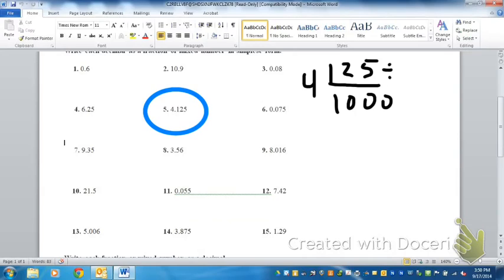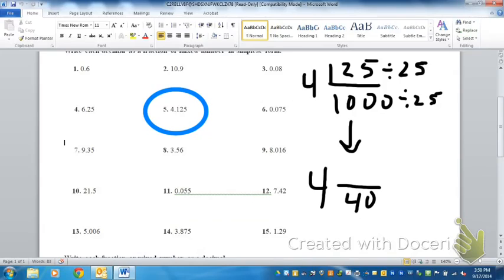So if I can reduce both of these by 25, sorry about that. Once I change it, I'm going to get 4 and 5/40ths. And I can reduce that. 5 divided by 5 is 1. 40 divided by 5 is 8. So number 5 will be 4 and 1/8.